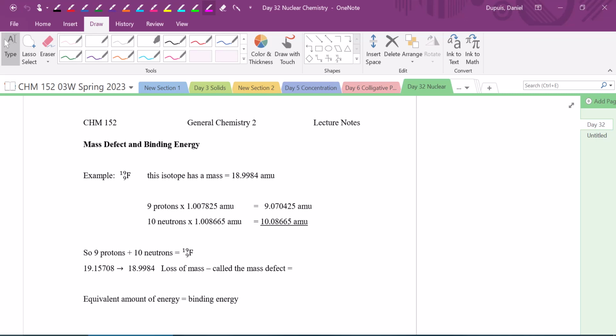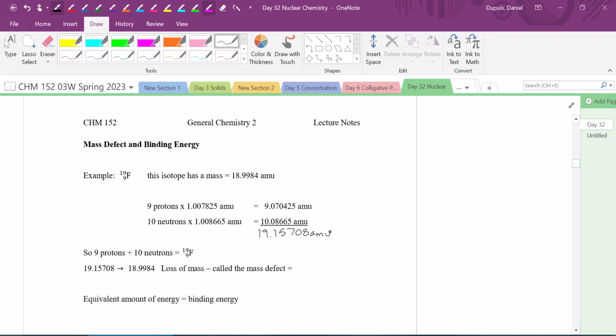If you do 9 protons times 1.007825 AMU, you get 9.0745 AMU, as you can see on the screen. Then the 10 neutrons are multiplied by the mass of a neutron. That gives us a different mass, doesn't it? It gives us a mass of 19.15708 AMU.